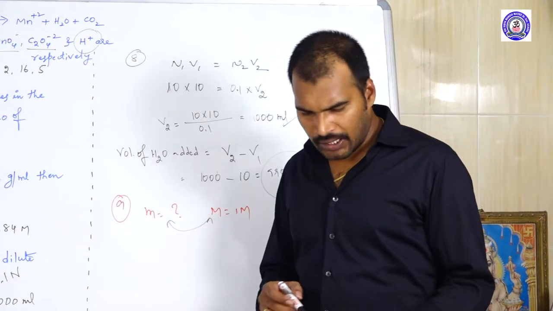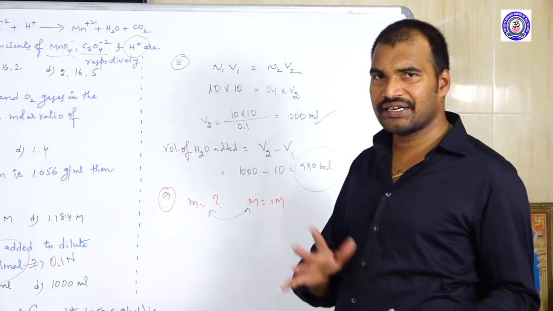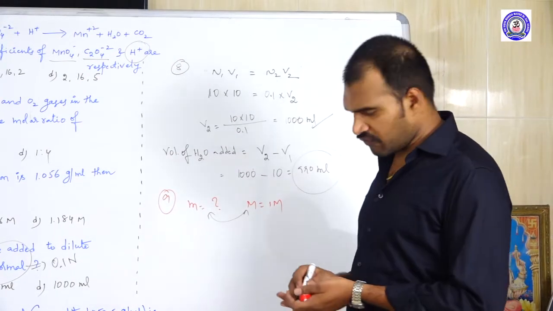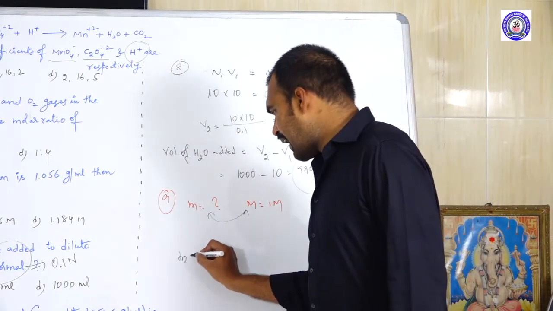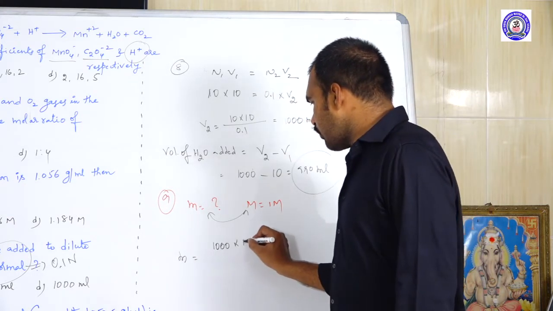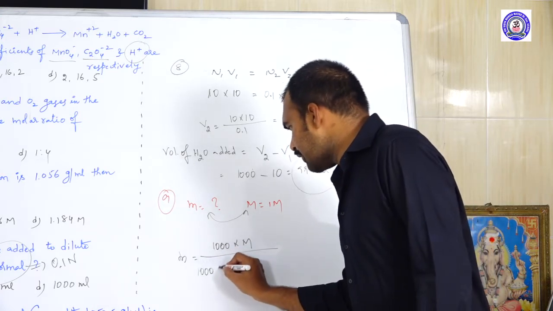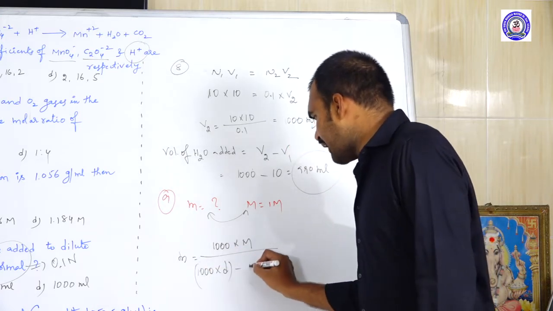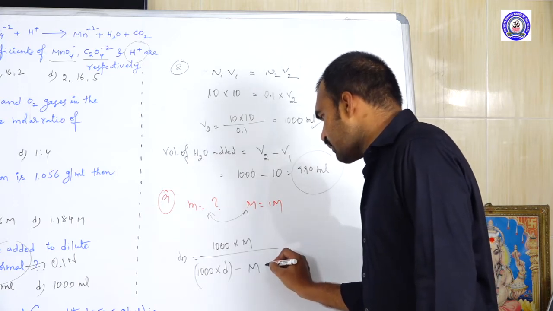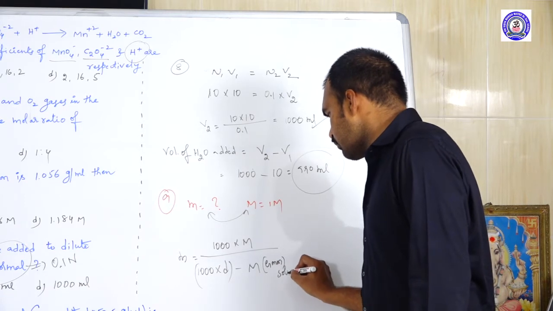Relation between them. As we know the formula, there is a direct relation between the molarity and molality. What is the formula? Molality is equal to 1000 into molarity by 1000 into density minus molarity into gram molar mass of solute.